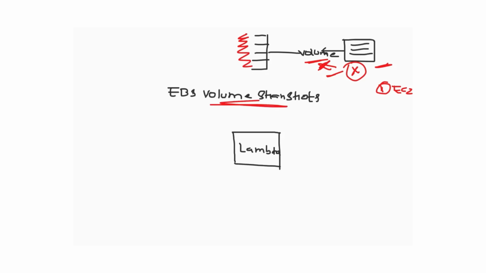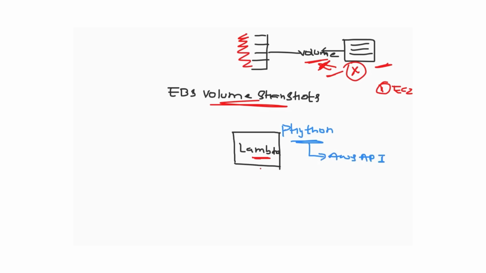And what you would do is write a Lambda function, and this function, just as I mentioned, is written in Python code. Perfect. And this will talk to the AWS API.